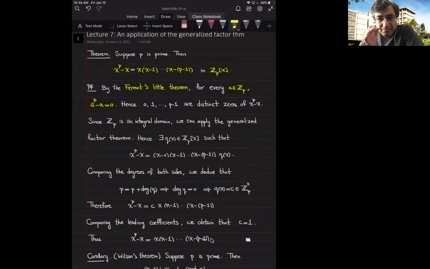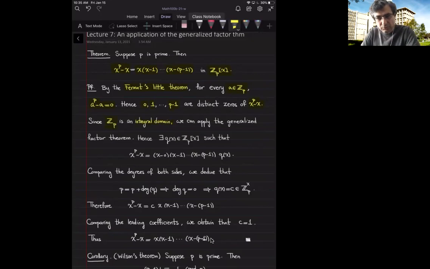It means every element of Z sub p is a zero of x to the p minus x. This means x to the p minus x has distinct zeros 0, 1, ..., p minus 1. So x to the power p minus x has p distinct zeros. Okay, and remember, Z sub p is an integral domain. In fact, it's a field when p is a prime number.